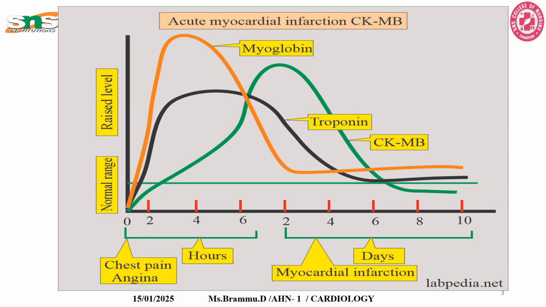It goes to the peak within 24 hours, that is within 1 day, and comes back to near normal within the third day. And troponin I increases within 4 hours, goes to the peak within 12 hours, and stays in the bloodstream for another 3 to 5 days, and maybe on the 6th or 7th day it comes back to near normal.